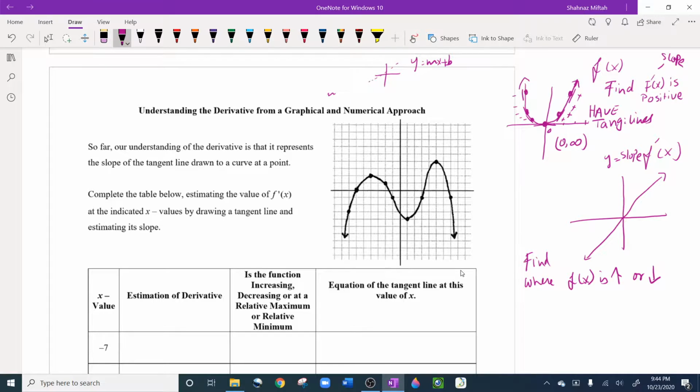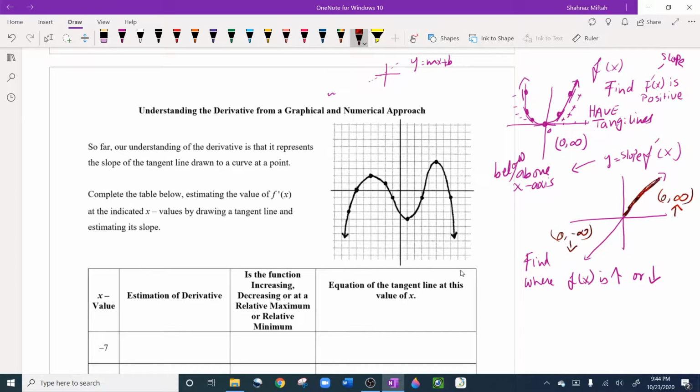Where it's increasing, look above the x-axis and below the x-axis. The above x-axis is this portion. So from 0 to positive infinity, I'm going positive, I'm increasing. From 0 to negative infinity, I'm decreasing.